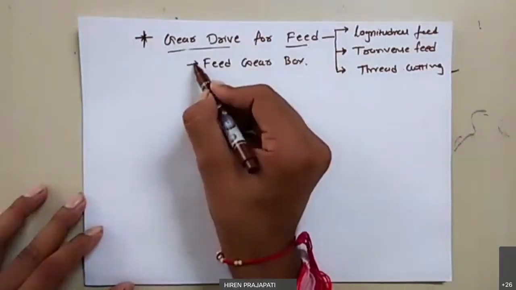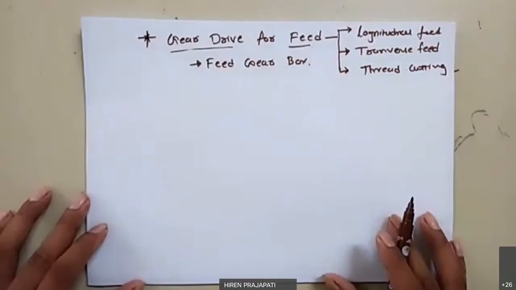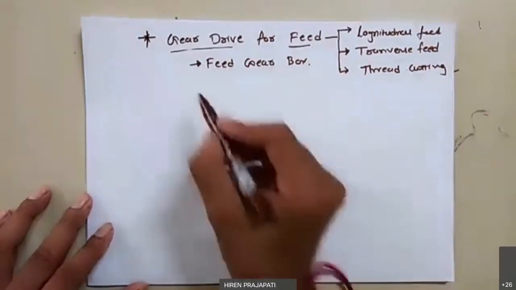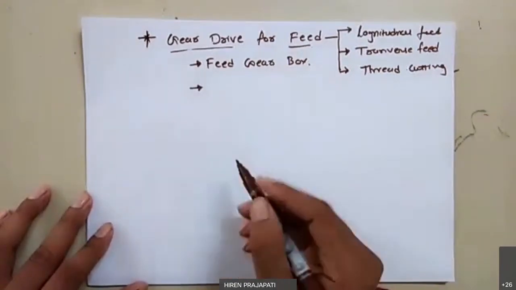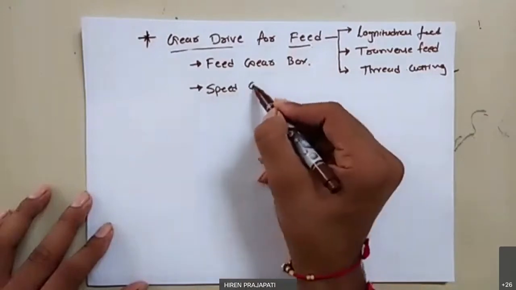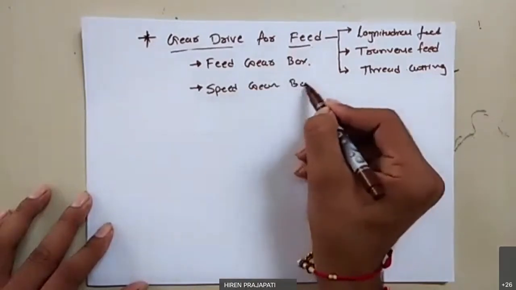This is used to change or to give different speed to carriage, right? And earlier we also discussed about speed box.